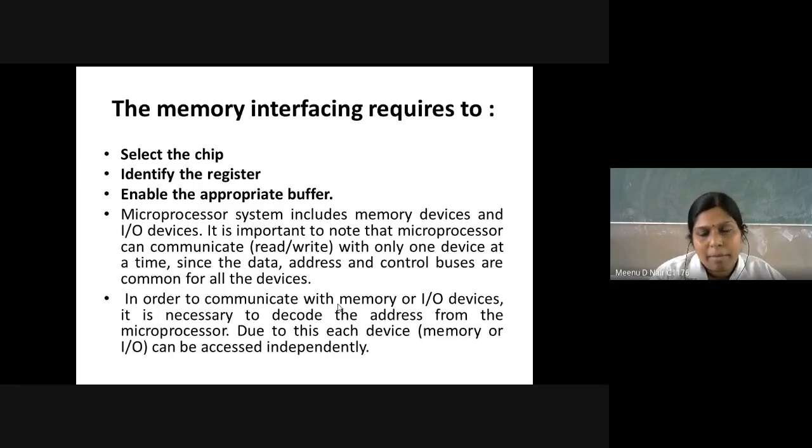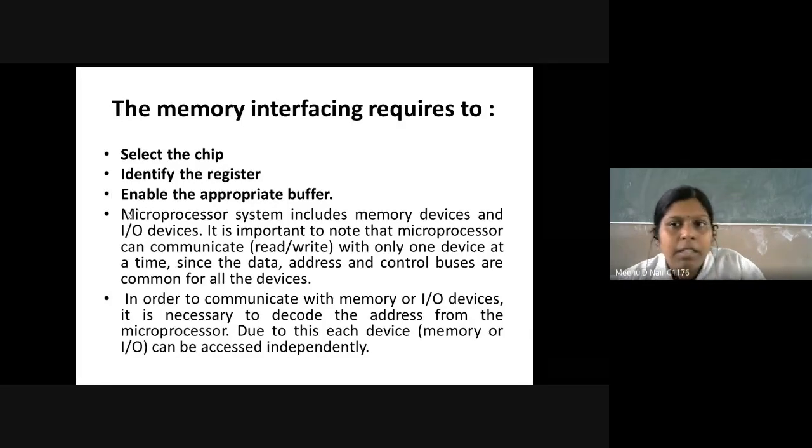That is the interface. So it selects the chip, then identifies the register and enables the appropriate buffer. Based on which peripheral device it has to communicate with, the appropriate buffer is enabled.